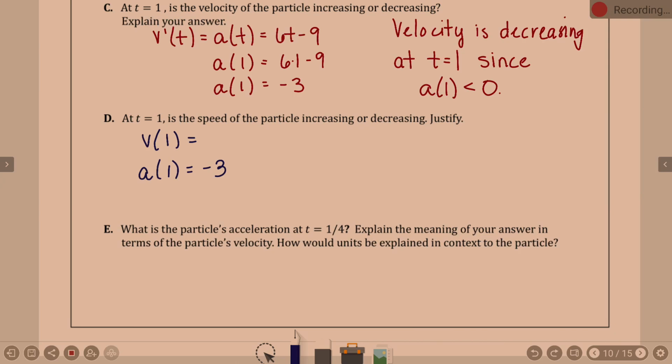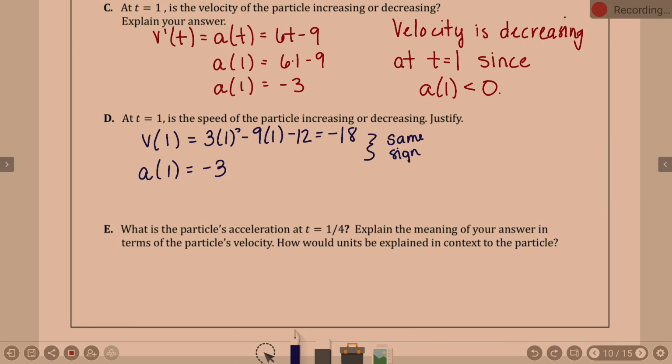Sounds like you guys remember the rules. So velocity at 1? It has to be 3 minus 9 minus 12. So we got, okay, -18. The key is that -18 and -3 are the same sign, right?